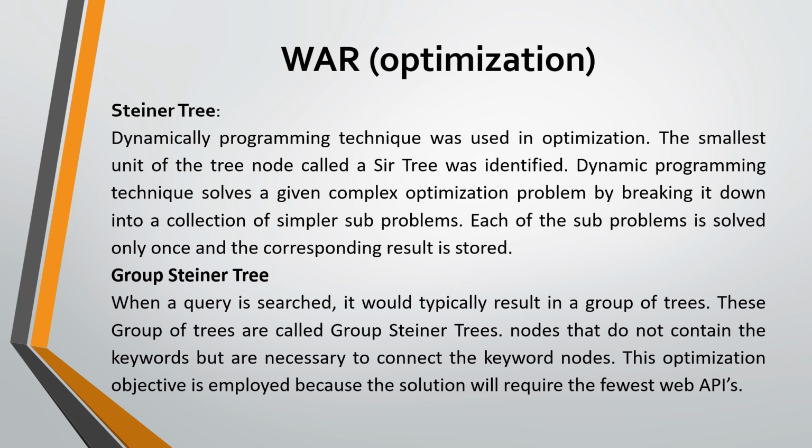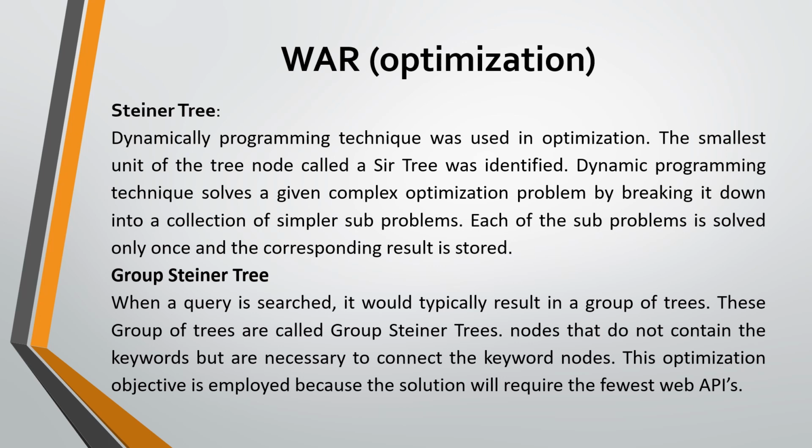Each sub-problem is solved only once and the corresponding result is stored through examining and combining previously solved subproblems. A dynamic programming algorithm can solve the given complex optimization problem exactly.